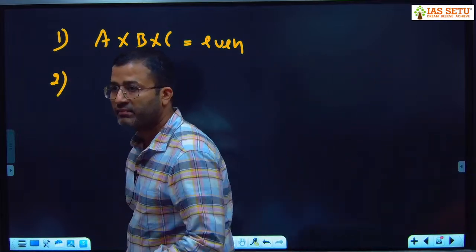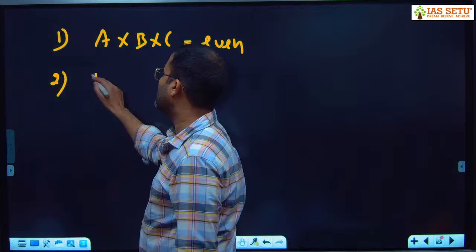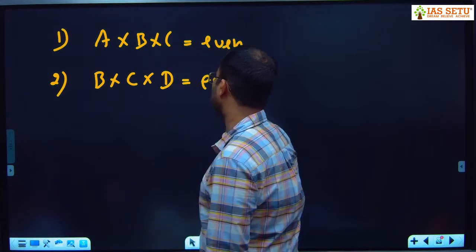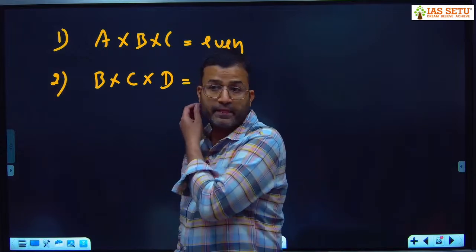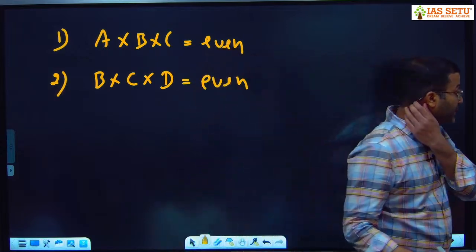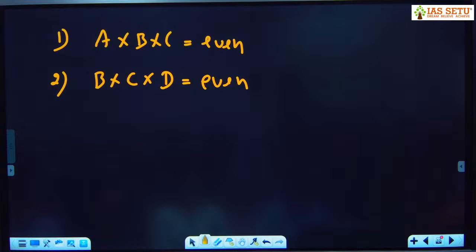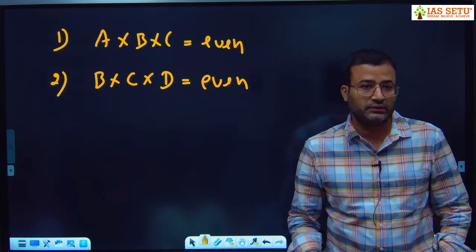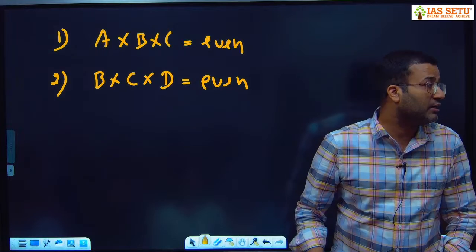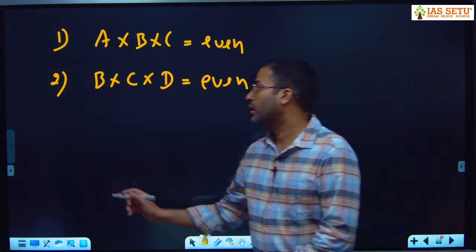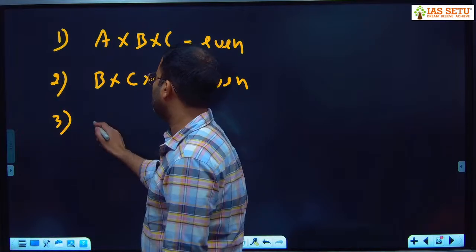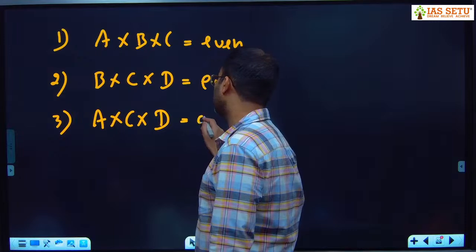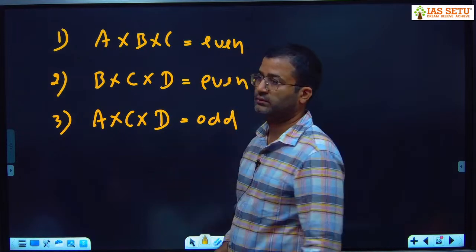Use the second statement. I am giving one extra statement: B into C into D is equal to E1. Then tell me which one is E1. Maybe B, C. Okay, but we can't conclude. Third statement: A into C into D is equal to odd.